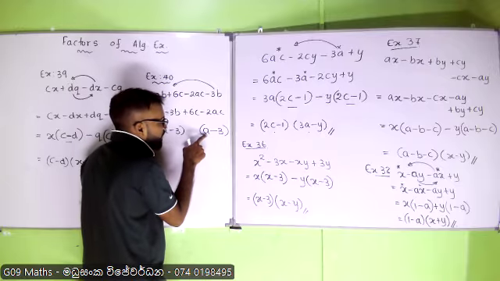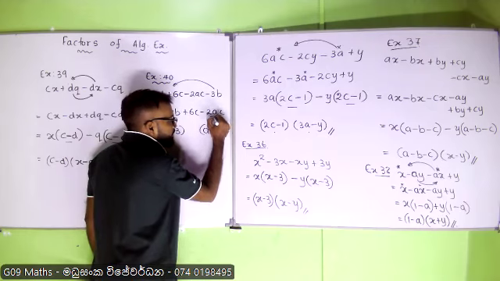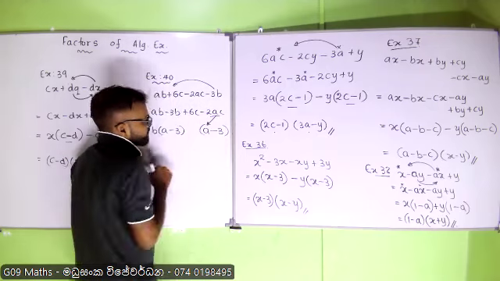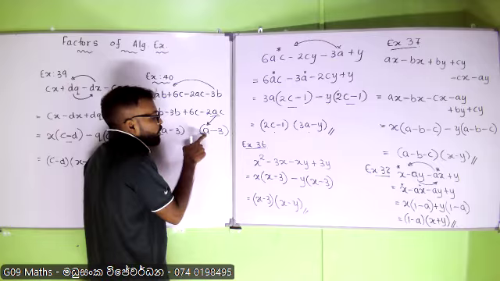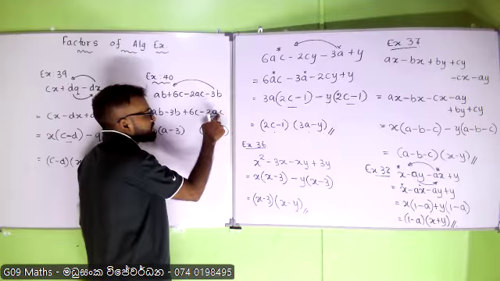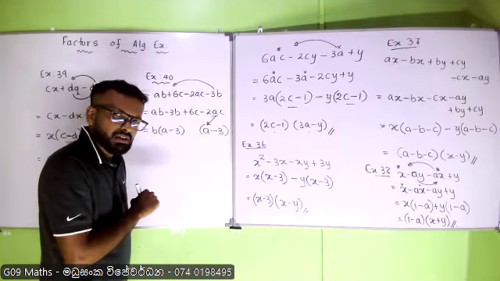Where I have A here, it comes here. And if you want to keep A from this place, what are the common terms you need to take out from the bracket?